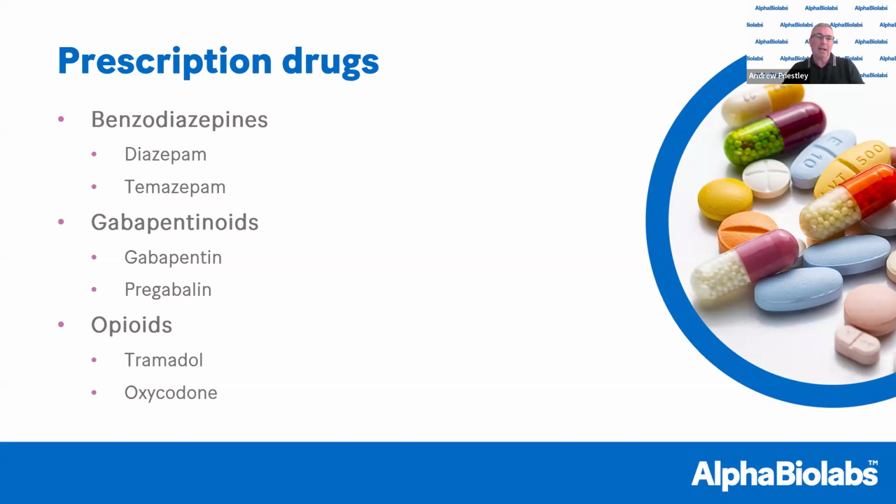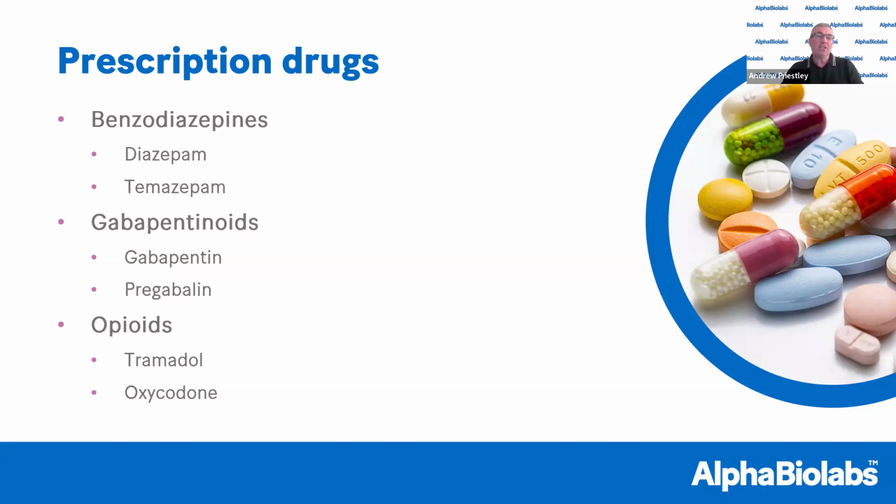So you've got your benzodiazepines, things like diazepam and temazepam, which are normally prescribed to relieve anxiety, to help with sleep. They're increasingly being used for recreational purposes. Gabapentinoids such as gabapentin and pregabalin, they're normally prescribed for things like epilepsy or nerve pain. Because they're a sedative, they do have extreme relaxing effects. So again, people do use them illegally.